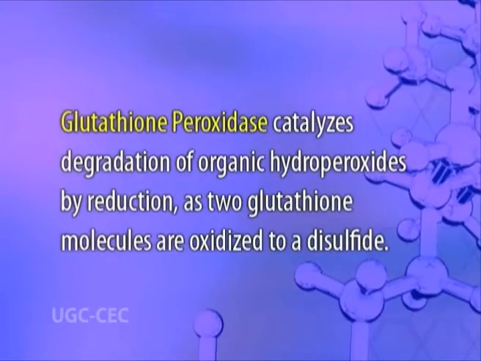Glutathione peroxidase catalyzes degradation of organic hydroperoxides by reduction as 2 glutathione molecules are oxidized to a disulfide. Regeneration of reduced glutathione requires NADPH produced within erythrocytes.